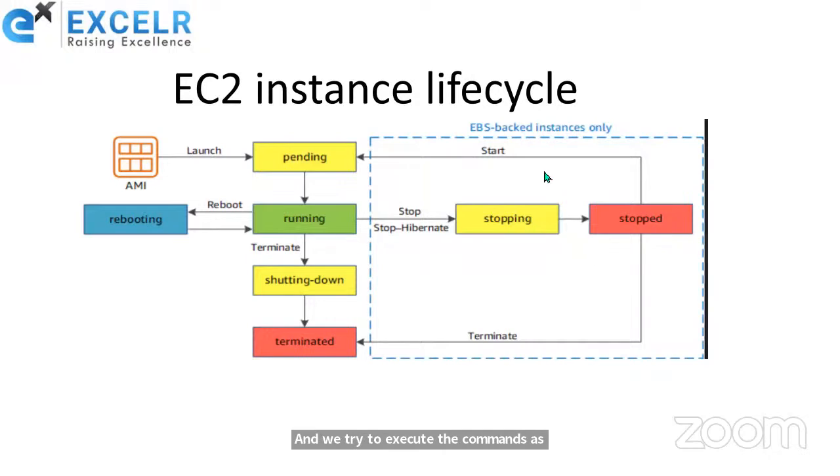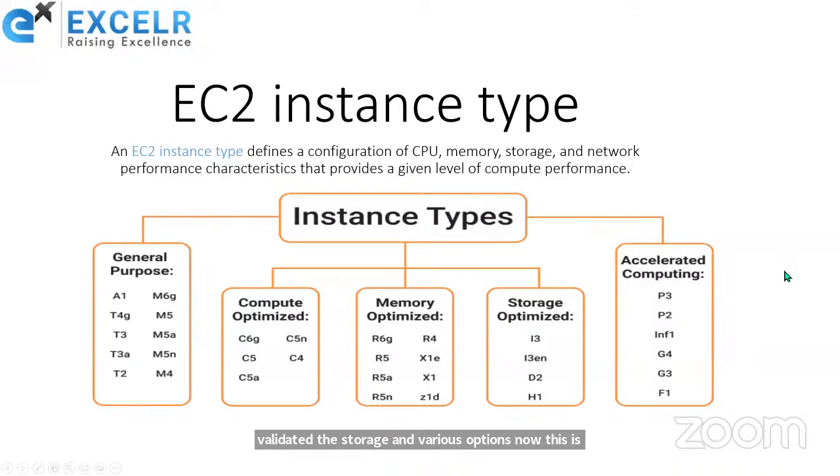Okay. Now, this is the life cycle we have discussed. I feel it's completed. And I hope we discussed yesterday about instance types as well, the different types of instances that we can select based on the requirements and project needs, and which instance types are available under the free tier account.